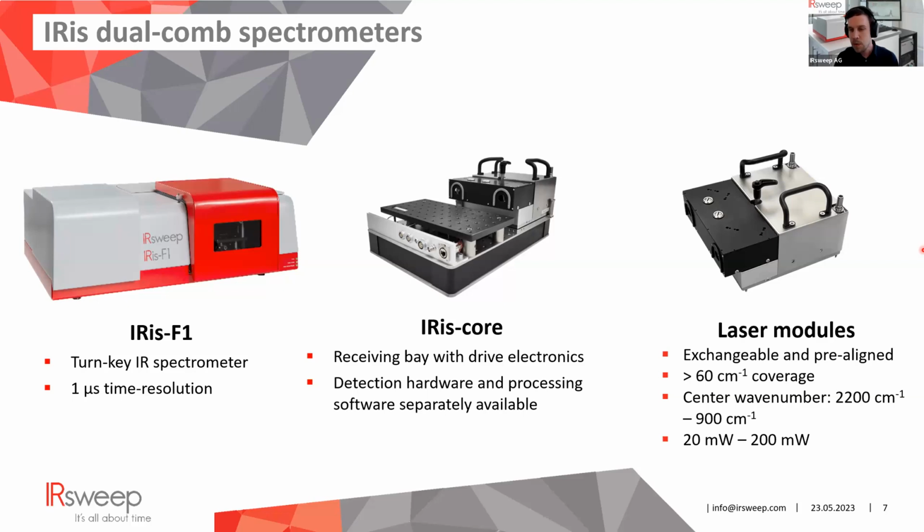The exchangeable laser modules that are used in both of those instruments typically cover about 60 inverse centimeters, somewhere in the range between 2,200 inverse centimeters and 900 inverse centimeters. Worth mentioning for this application in particular is the high optical power that you get out of these modules, typically between 20 milliwatts and 200 milliwatts. Even 1 watt output power was demonstrated from a frequency comb.